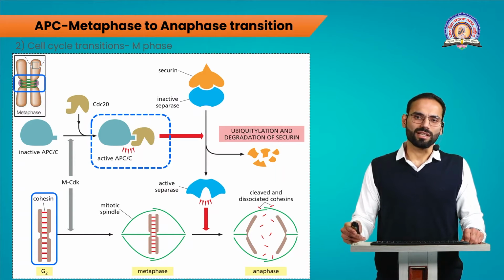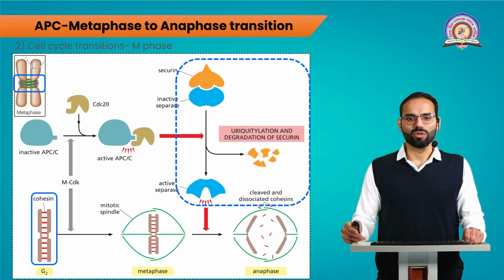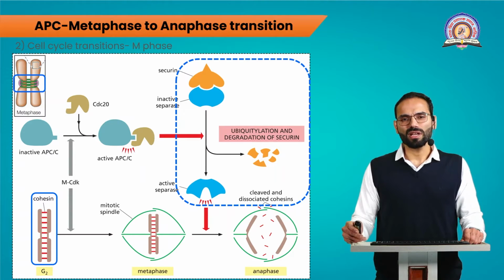Once it gets activated, it carries out ubiquitination of securin protein. So what does securin do? Securin sequesters the separase protease. This separase is very important in order to cleave the cohesin ring.